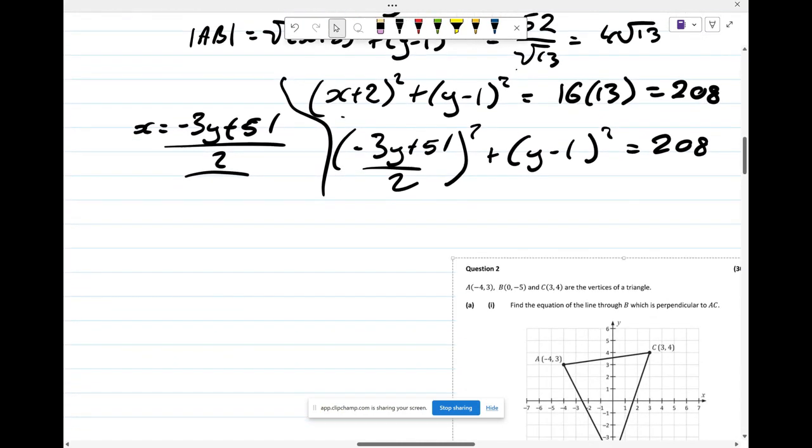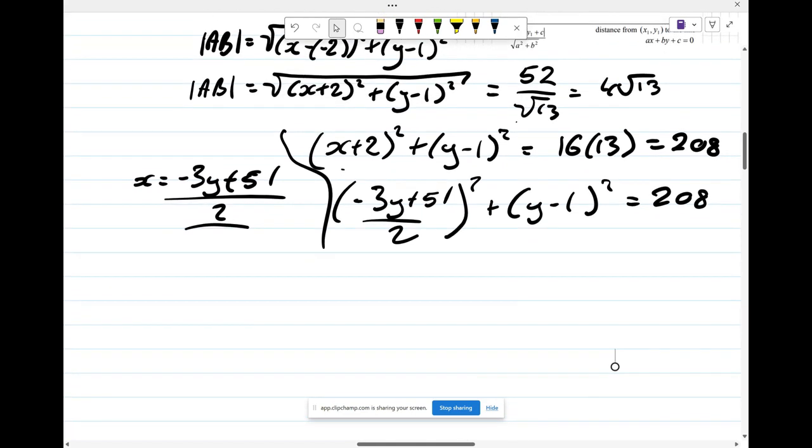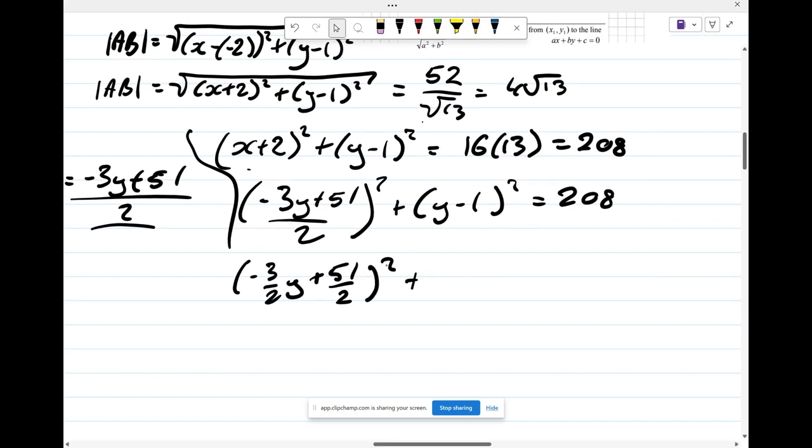Let me make a bit more space. So this is going to be (-3/2 y + 51/2) squared plus, and we know how to square this, y squared minus 2y plus 1, is equal to 208.